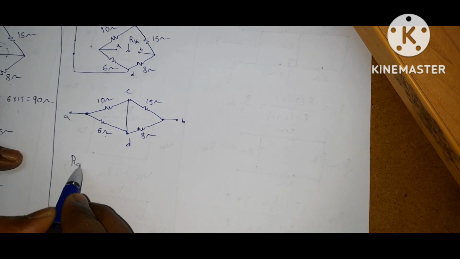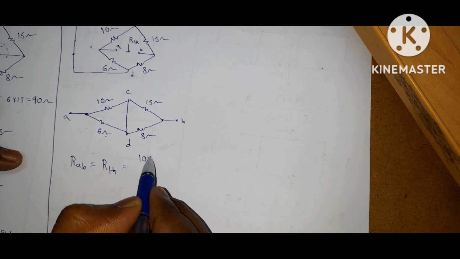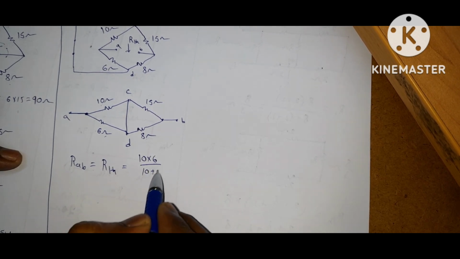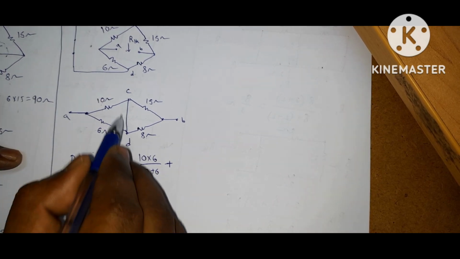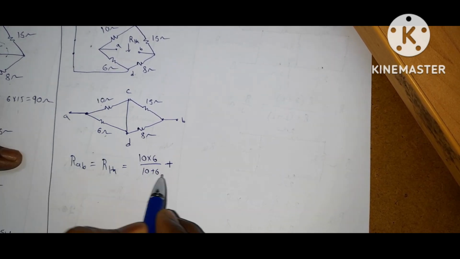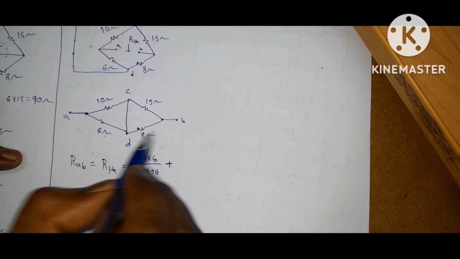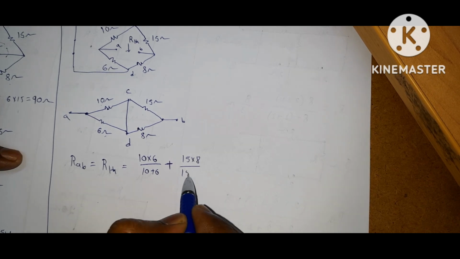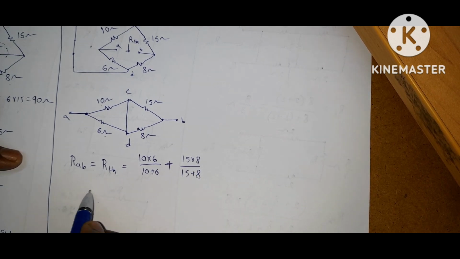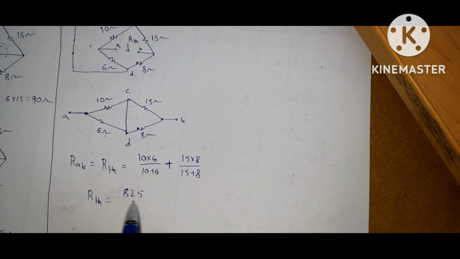So RAB, which is RThevenin, is equal to 10 into 6 by 10 plus 6, plus, this parallel combination is in series with the other parallel combination, 15 into 8 by 15 plus 8. You will get RThevenin is equal to 825 by 92 ohms.